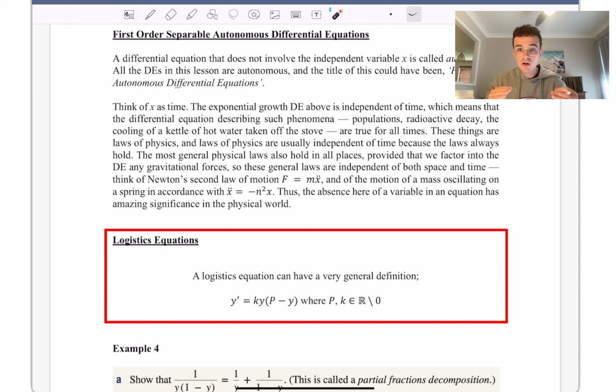Yes, they're changing over time, but time itself is not affecting it. Laws of physics are usually independent of time because they always apply. Most general laws of physics hold in all places, provided we factor gravitational forces in. So we think of Newton's second law, F is equal to mx double dot, which is F equals ma, and we're going to use that idea a lot in extension 2.